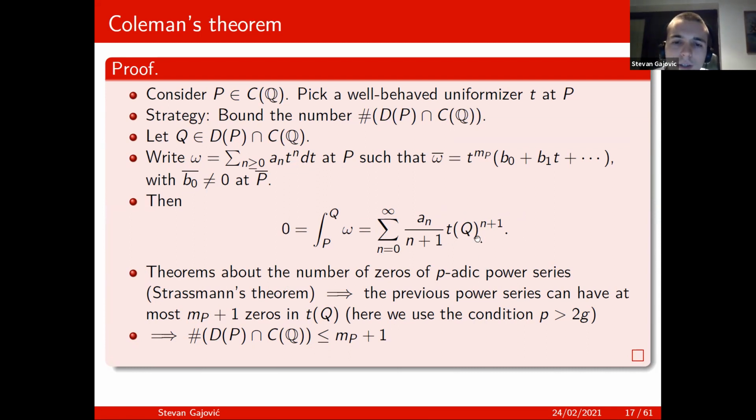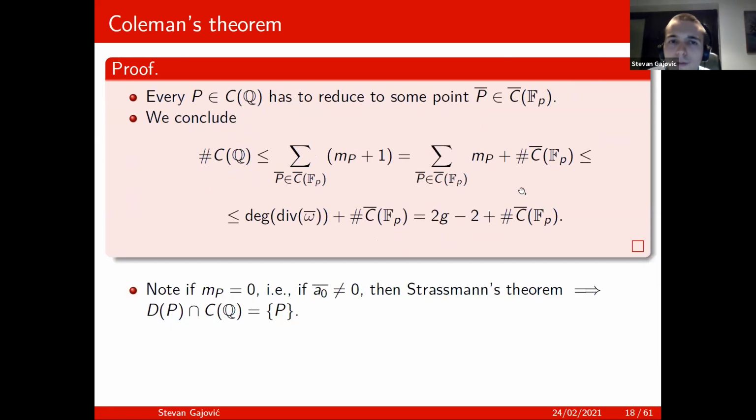In this case, if its reduction modulo p has the first non-zero coefficient at index m_p, meaning a_0, a_1 up to a_{m_p minus 1} are divisible by p, and a_{m_p} is not divisible by p, then the number of zeros is at most m_p plus 1 inside this residue disk. So we get a bound on the number of rational points within the residue disk of P.